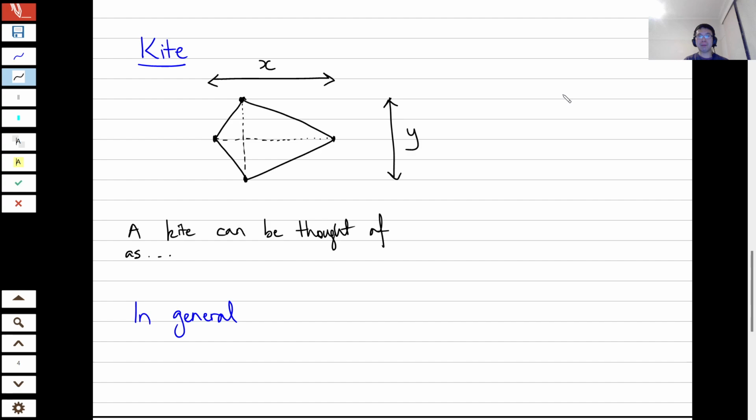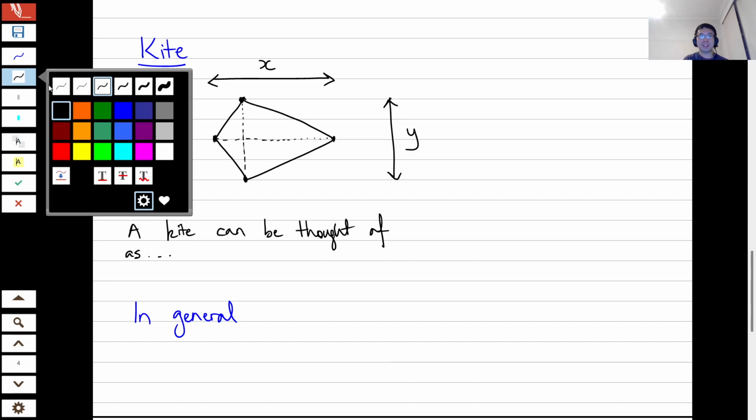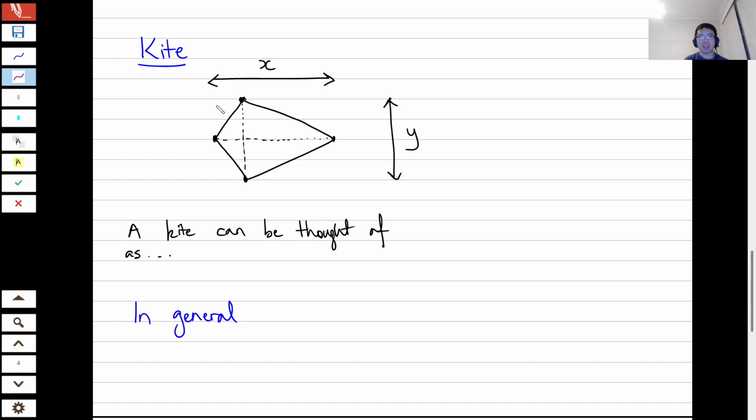I claim that this is the same as half of a rectangle with dimensions x by y. So here's a rectangle. And what I'll do, like we did before, is I'll color in a yellow triangle for every blue triangle. So you should see those two are the same.